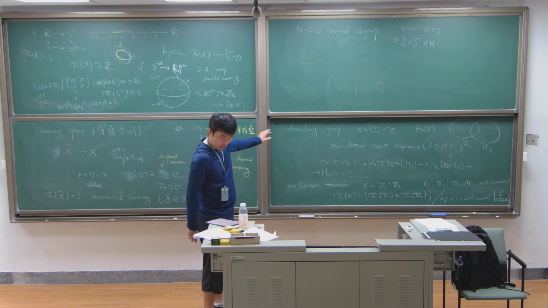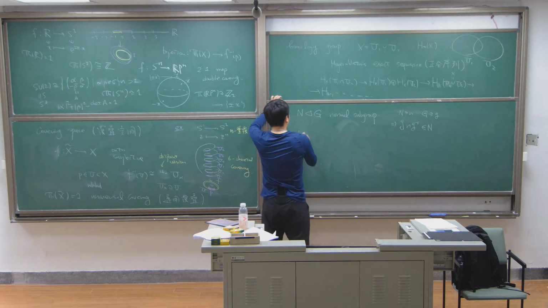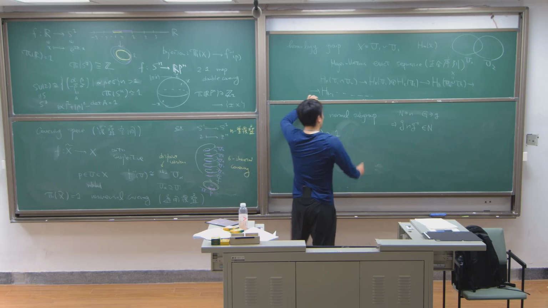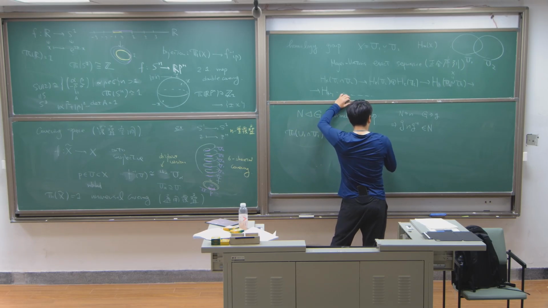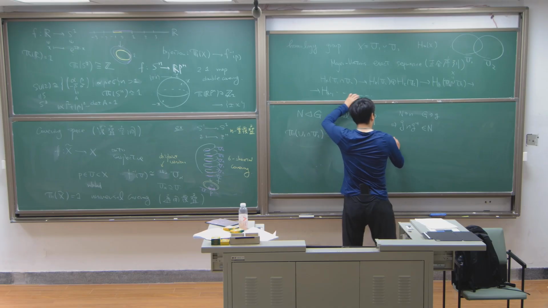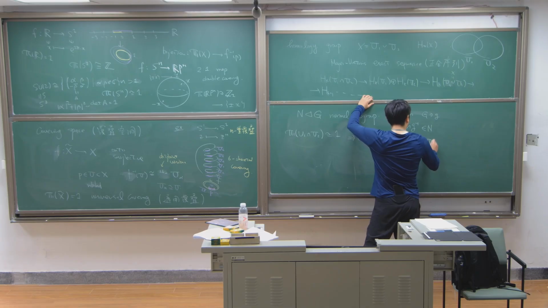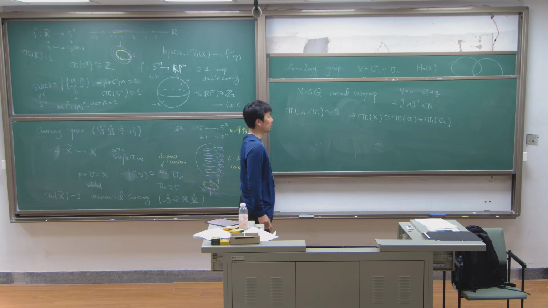In particular, if U1 and U2 have simply connected intersection, then pi 1 of X is isomorphic to the free product of pi 1 of U1 and pi 1 of U2.